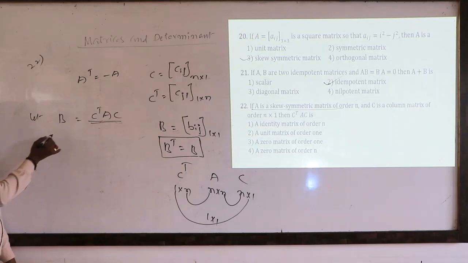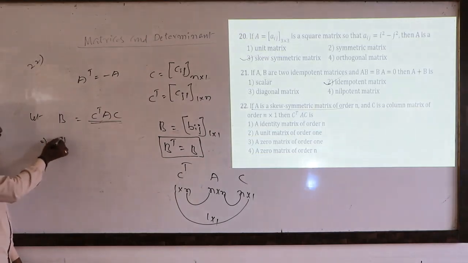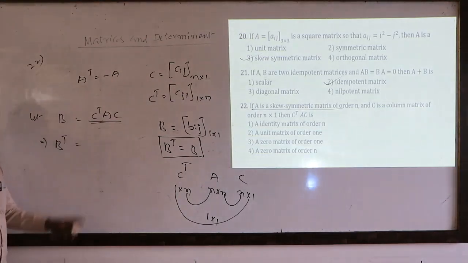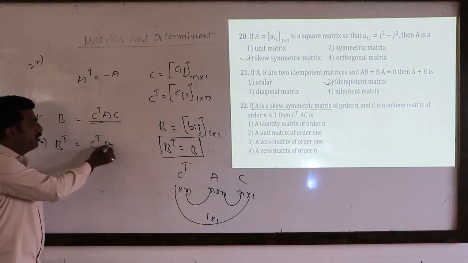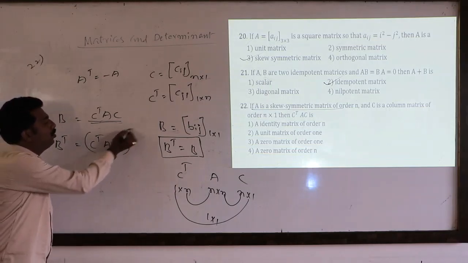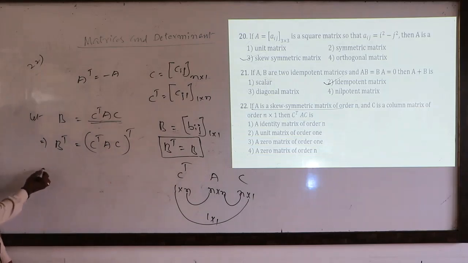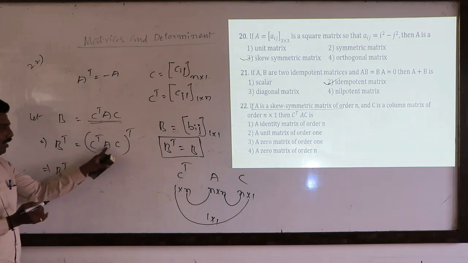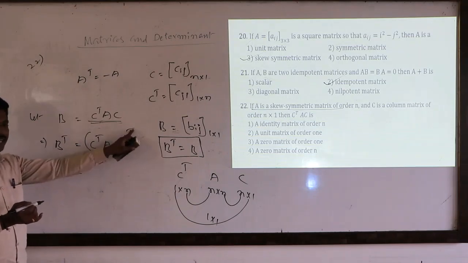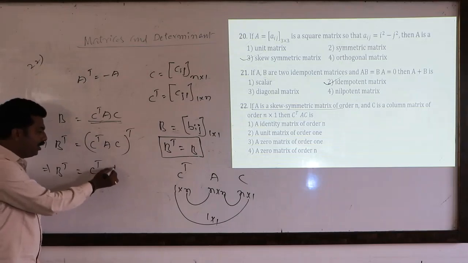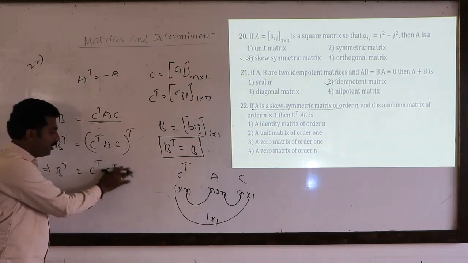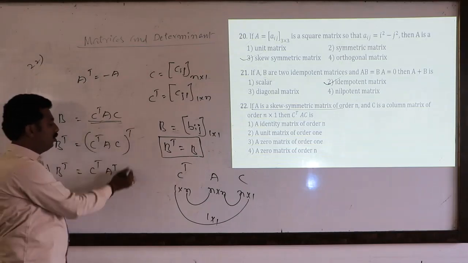Now I am taking transpose on both sides. C transpose AC whole transpose. So B transpose equals, with the reverse order, C transpose A transpose, then C transpose whole transpose.